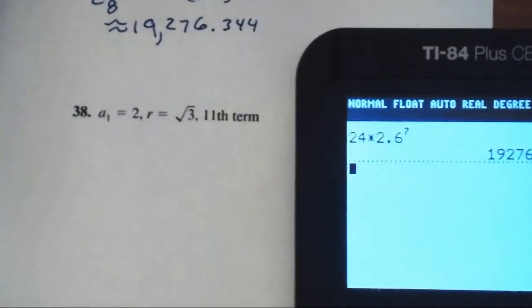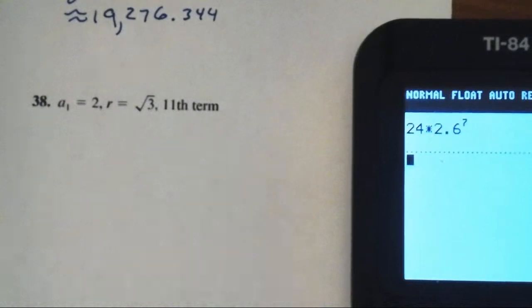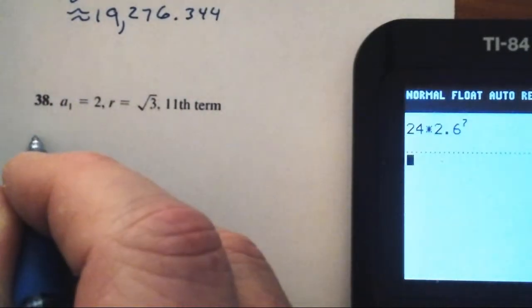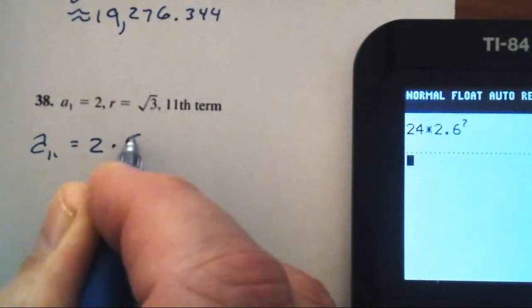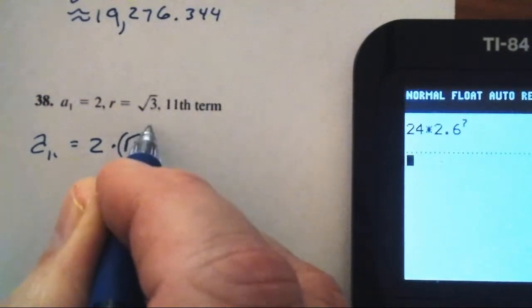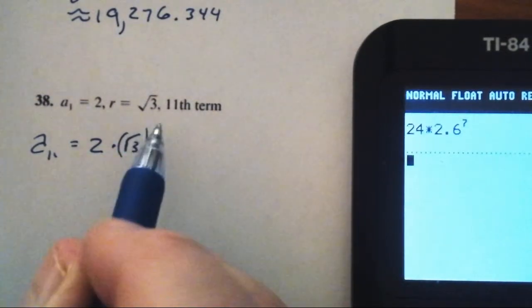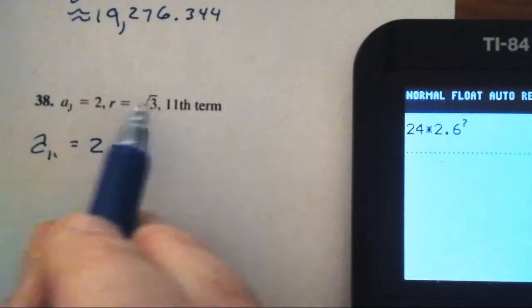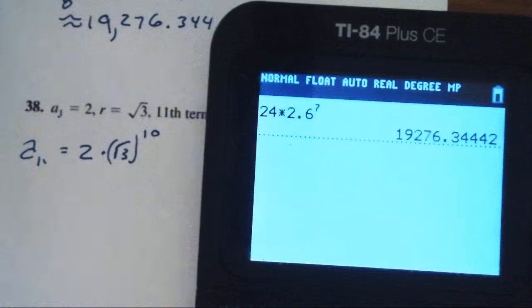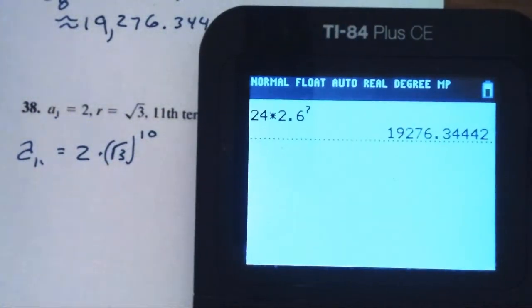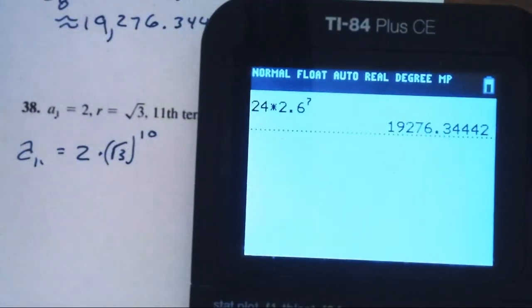And the 11th term of this sequence. Well, the 11th term, A11, equals our first term 2 times square root of 3 repeatedly. How many steps to get from first term to 11th? 10. So we could just go on our calculator here.